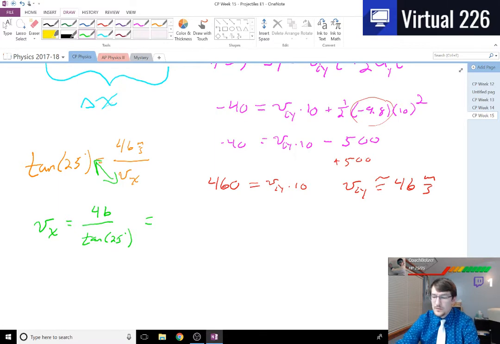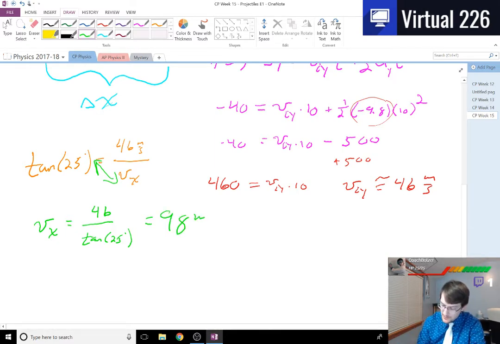Let's see, 46 divided by 0.4666. We get an x velocity of about 98 meters per second.